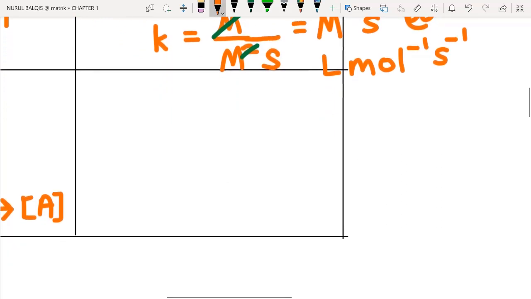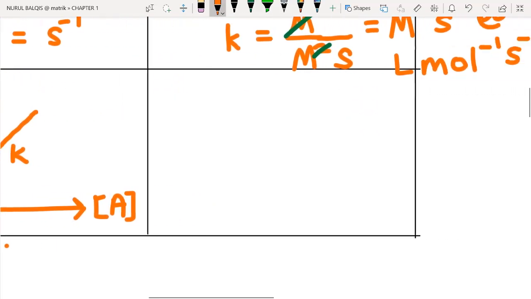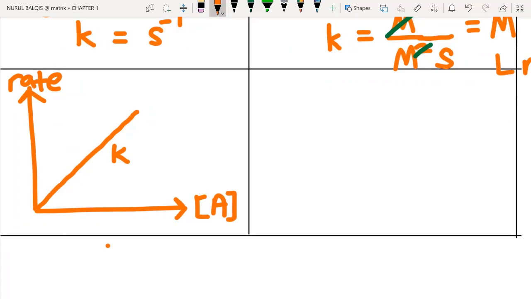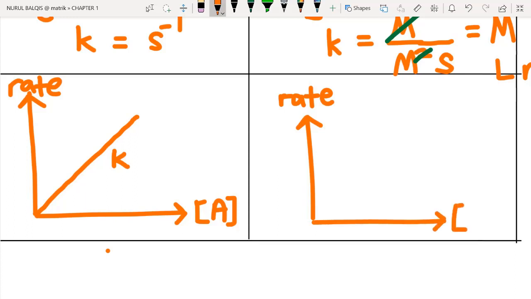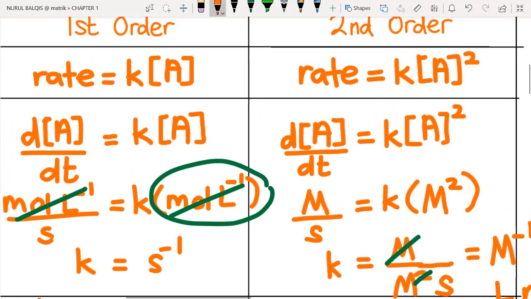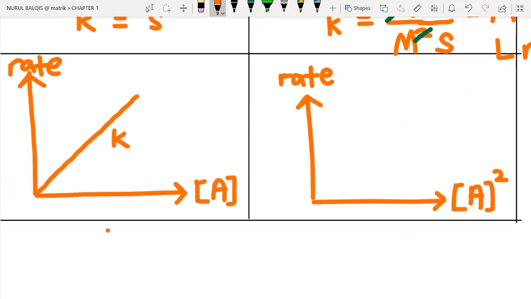Alright. For the graph, although we have a number of graphs, maybe we can do 2 types of graph. If I want to keep the y-axis as rate, while for the x-axis, I want to keep it as concentration of A to the power of 2, because it depends on the concentration, so as the concentration doubles, the rate doubles. So we will have a linear graph, a directly proportional graph, and this is your k.